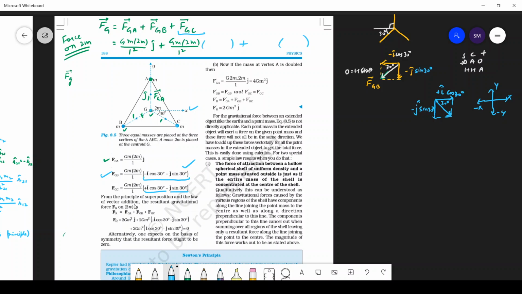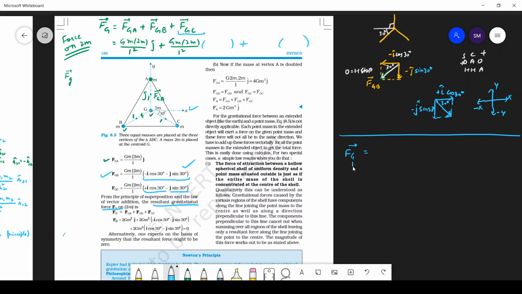Now adding these three, what do you get? When you add all three of them, Fg, the resultant, that's your choice, you can write Fg or Fr.